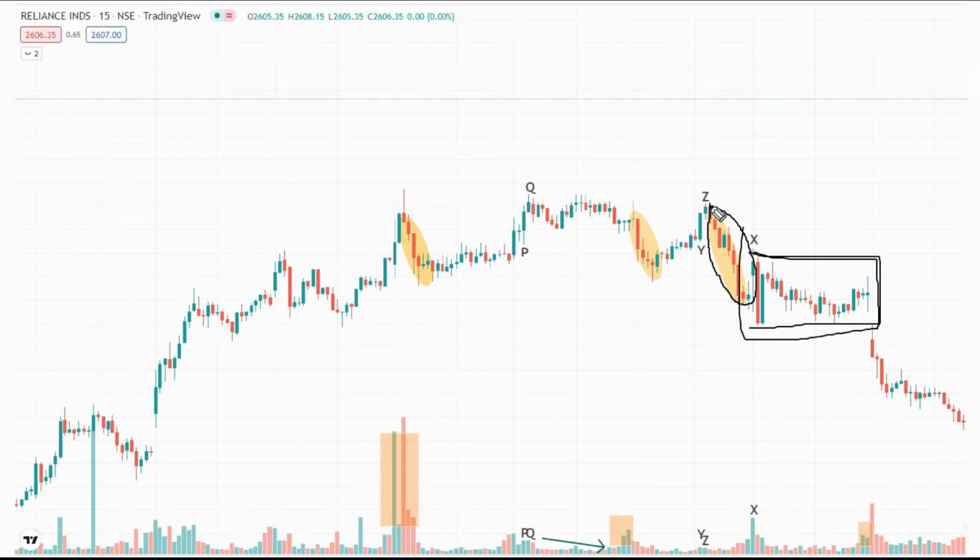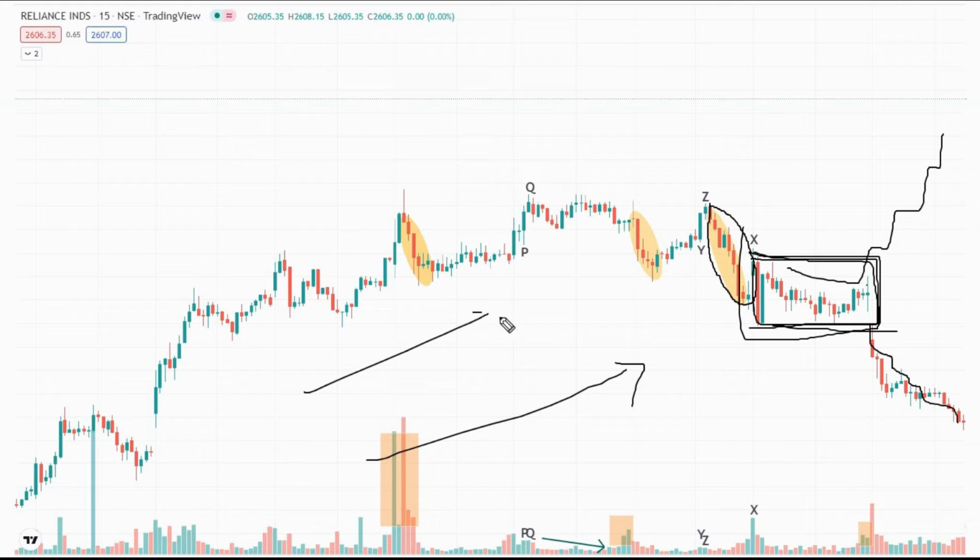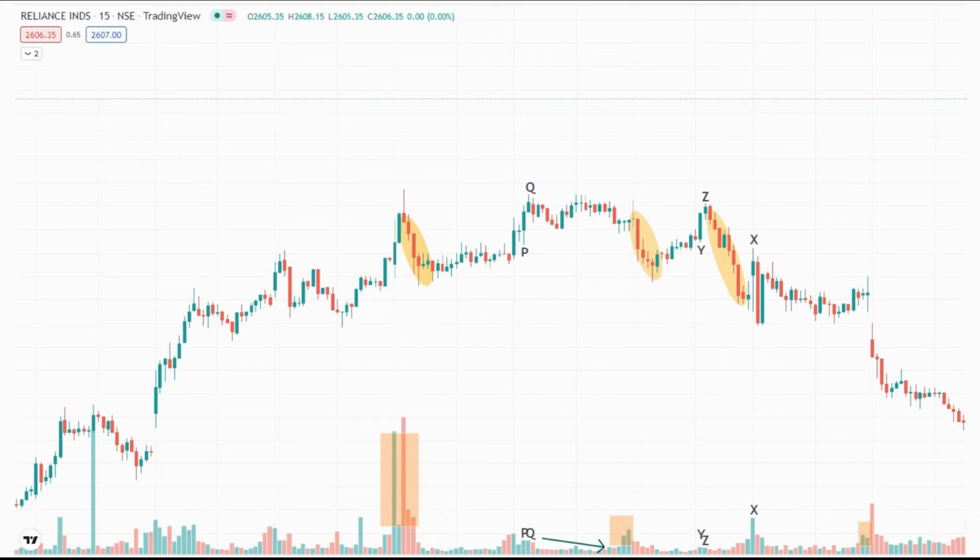So if buyers were very, very strong, then after this consolidation phase, prices should have again continued their upward momentum, because remember, we were in a very, very strong uptrend. But what happened? Again, prices opened gap down and continued the downward momentum, and the trend changed from up to down.